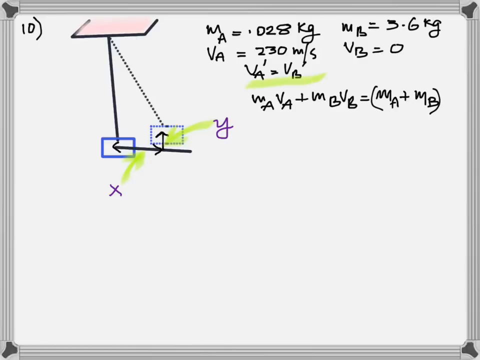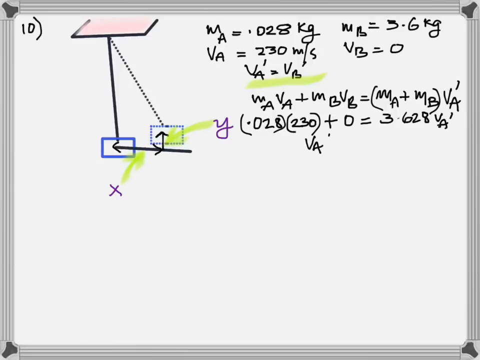And then applying the law of conservation of momentum, we get this equation, plug in the numbers. Second factor is 0. And solve that to get VA prime is equal to 1.78 meters per second.